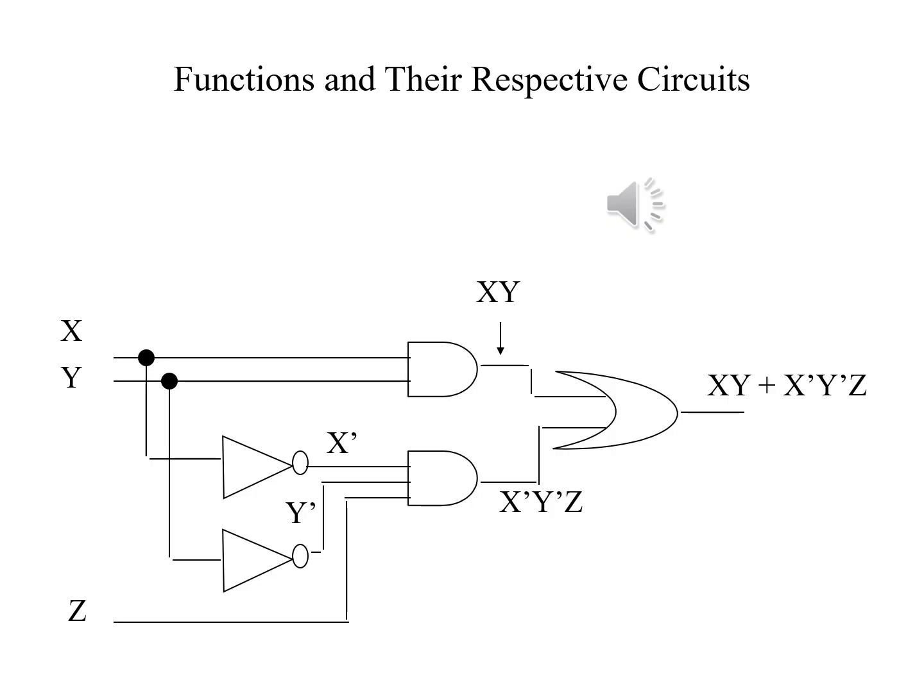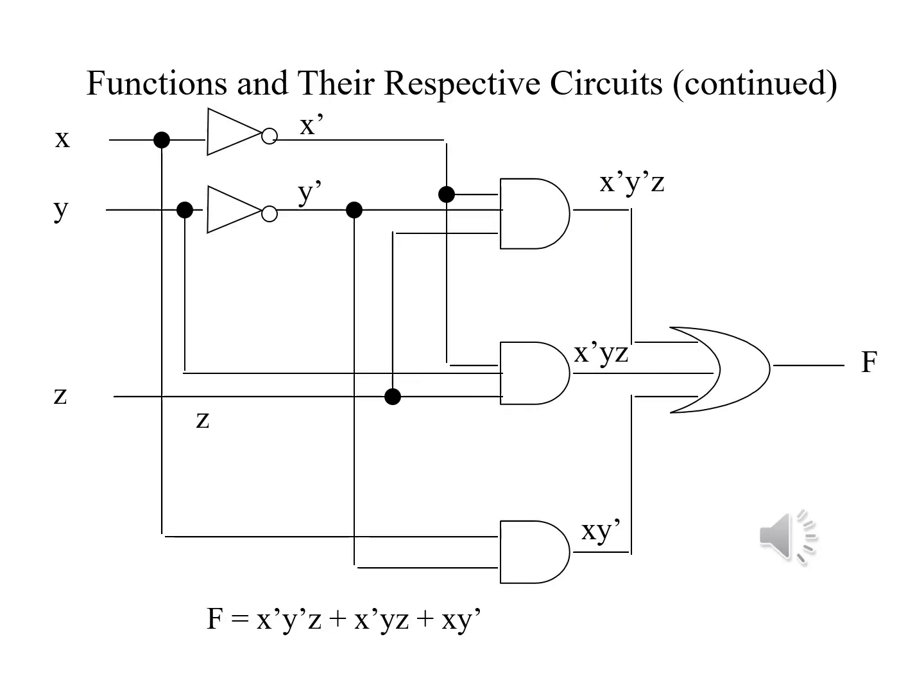X and y, you'll notice, are split, with x going down into an inverter and coming out as x prime, in other words, x complemented, and y goes through a similar inverter that becomes y prime, y complemented, and these two are ANDed together with z to produce x prime, y prime, z. The two products go through an OR gate to produce the sum xy plus x prime, y prime, z.